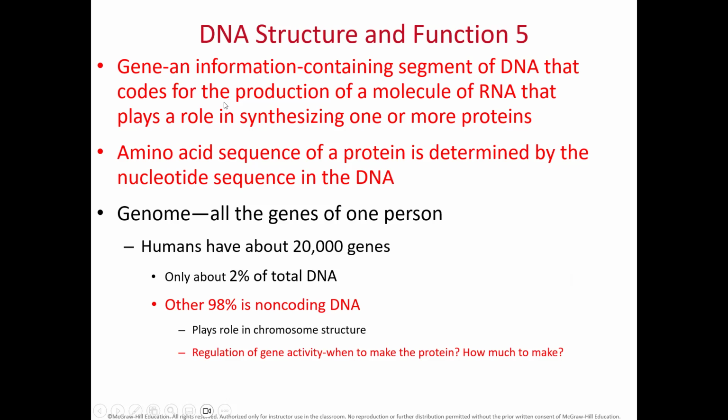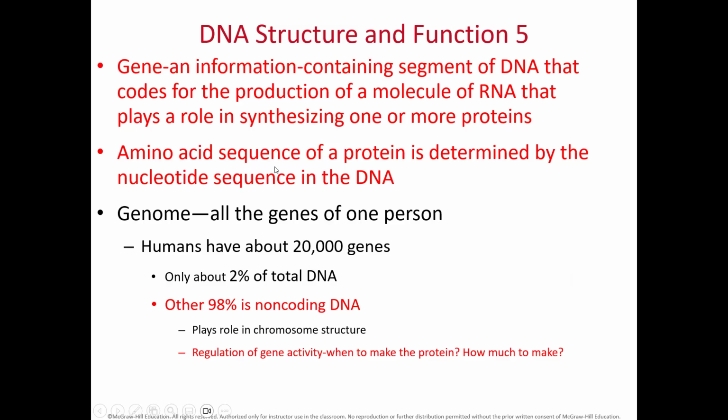So with 20 amino acids, we need to know which of the 20 goes into location number one, number two, number three, number four, number five, all the way to number 50. Once we get that right sequence of those amino acids in place, now we have the primary structure of the protein. And once you make that, everything kind of falls in place. But you need to make that accurately.